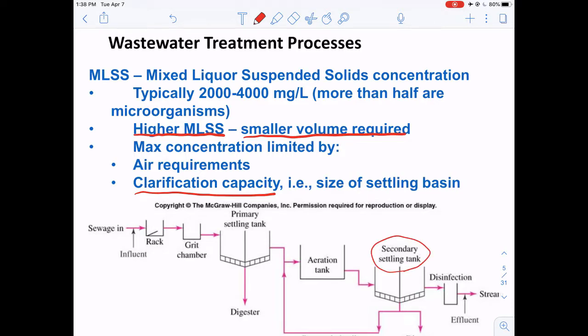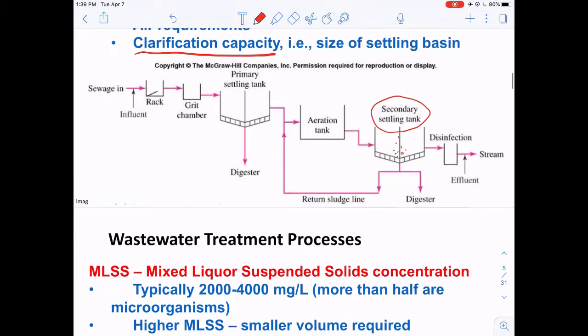If we grow too many microorganisms inside the aeration tank, then it's going to require a longer time to settle down these solids, and that is limited by the size of the secondary settling tank. That's why we cannot bump up the MLSS concentration to a very high value.